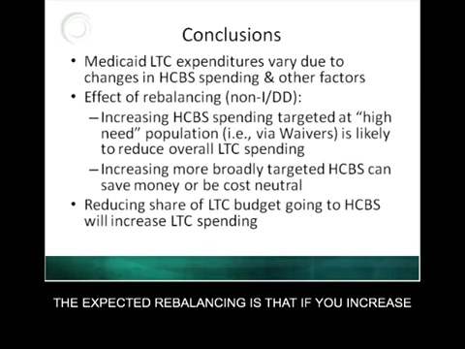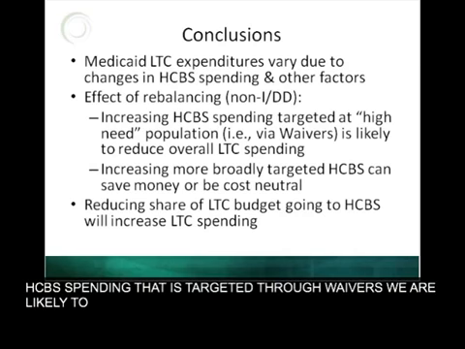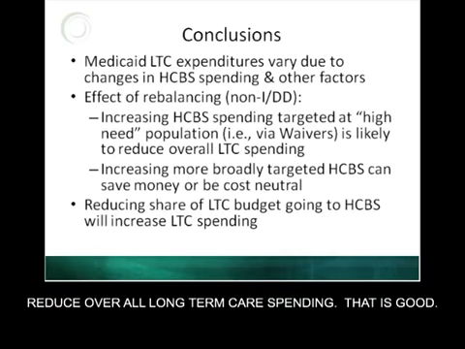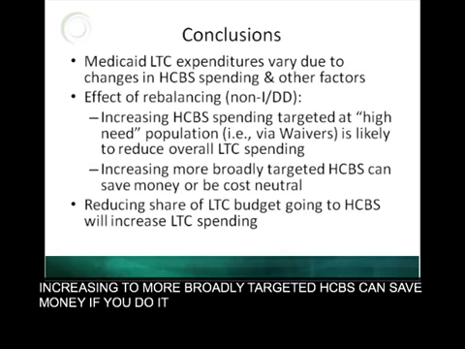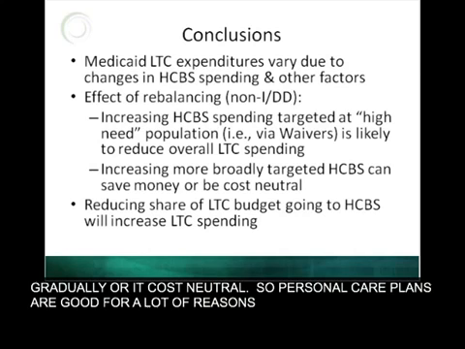So then the effect of rebalancing on the non-IDD expenditures is that if you increase HCBS spending that is well targeted to high needs population, in other words through waivers, you're pretty likely to reduce overall long-term care spending. That's good. Increasing toward more broadly targeted home and community-based services either saves money if you do it gradually, or it's cost neutral.